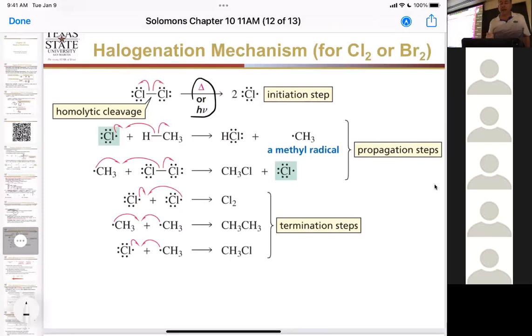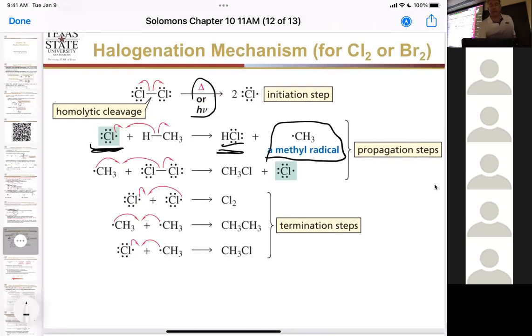Okay, so now you've generated your chlorine radical, and the next thing it's going to do is abstract a hydrogen and generate a carbon radical right here and HCl. Okay, it can't add across a double bond. We don't have a double bond, so it has to do the hydrogen abstraction.